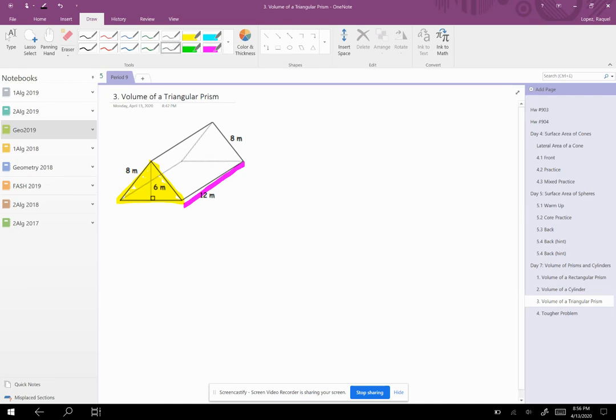To find the volume of this prism, I need to find the area of our triangle. I don't know what this bottom portion measures, so we have to use the Pythagorean theorem to help us. So I'm going to go ahead and do 64 minus 36 because that's 8 squared minus 6 squared. So 64 minus 36 gets us 28.